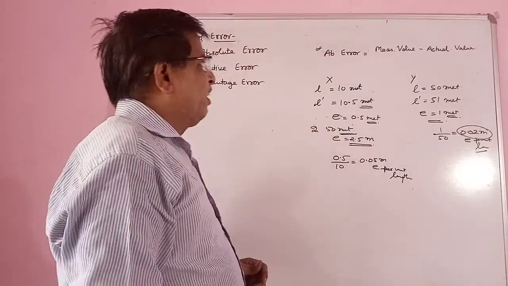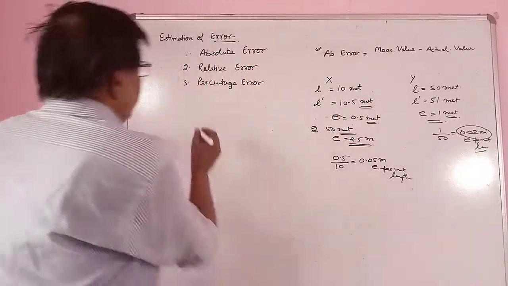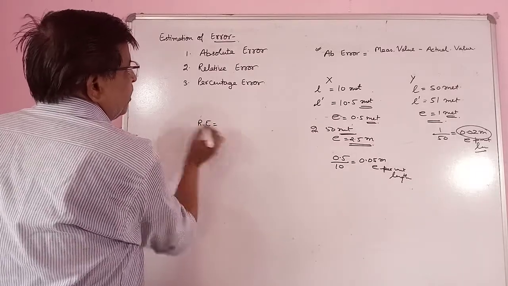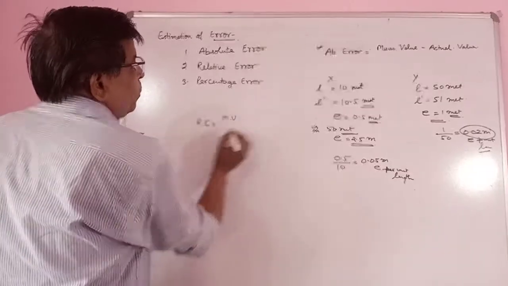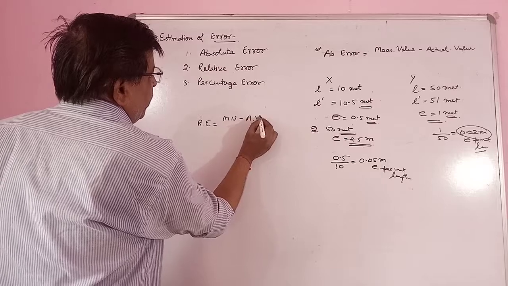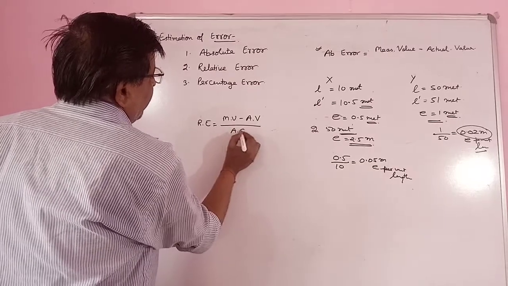The formula of relative error is measured value minus actual value divided by actual value.